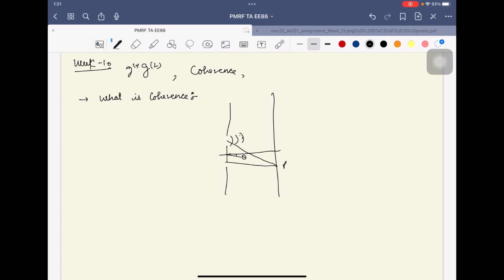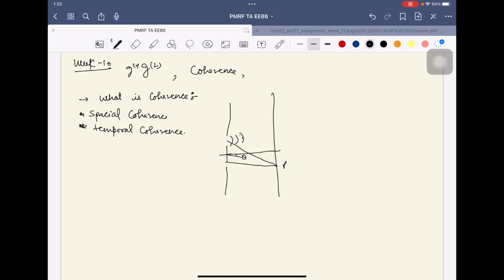Coherence contains several distinct concepts: spatial coherence, and the second one is temporal coherence.